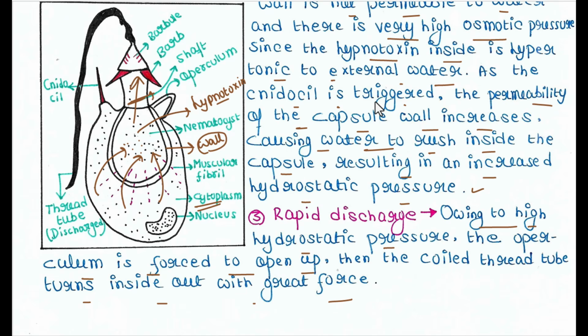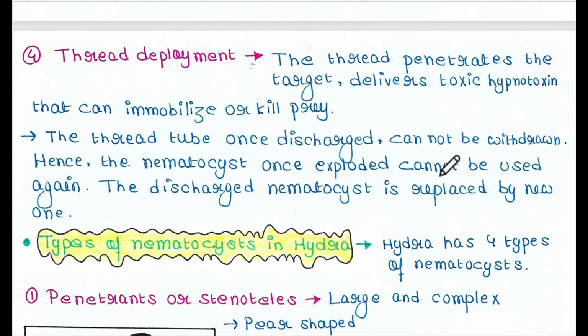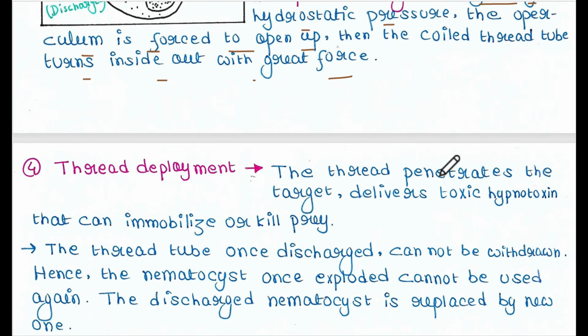So here is the thread. Here is the thread tube, which will also come out along with the operculum. Then the thread penetrates the target and delivers the toxic hypnotoxin that can immobilize or kill the prey.